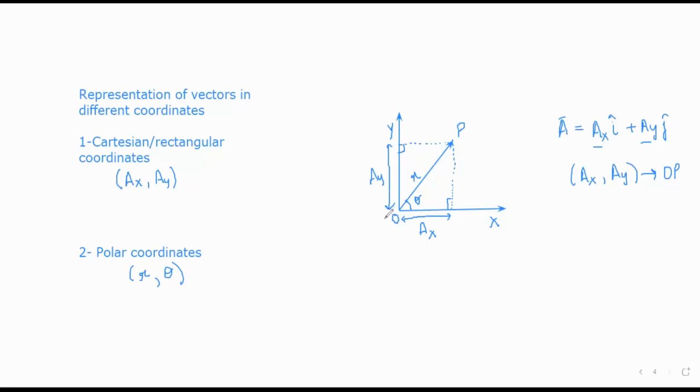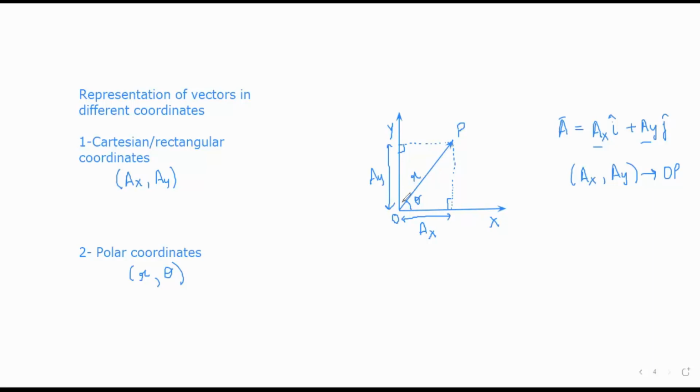Now, we can also find out the relation between these four quantities, that is AX, AY, and r and theta. These four quantities are all related to each other because they all specify the same vector. So we can say, using simple trigonometry, that if this is r, this is AX, this is AY, these three are the lengths.